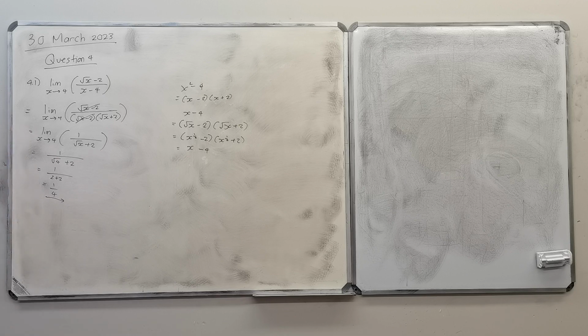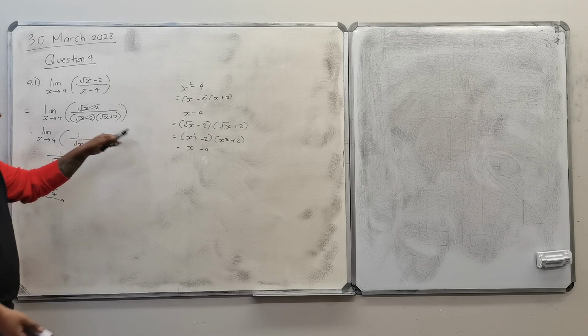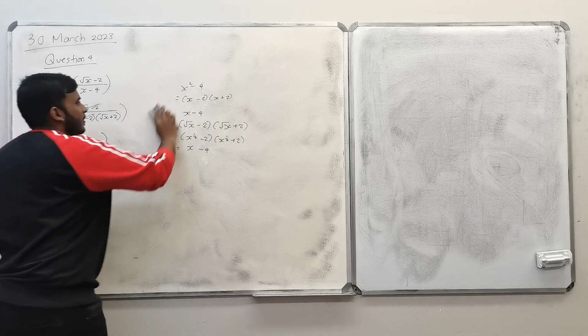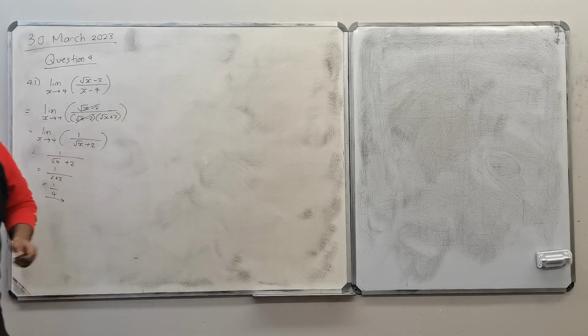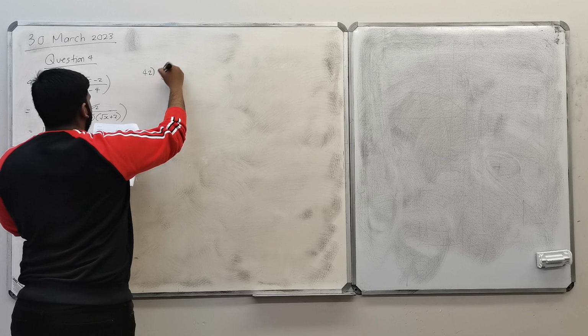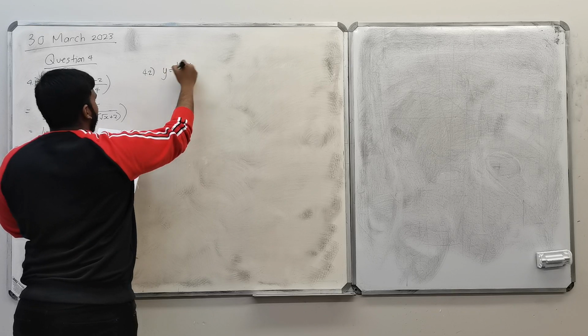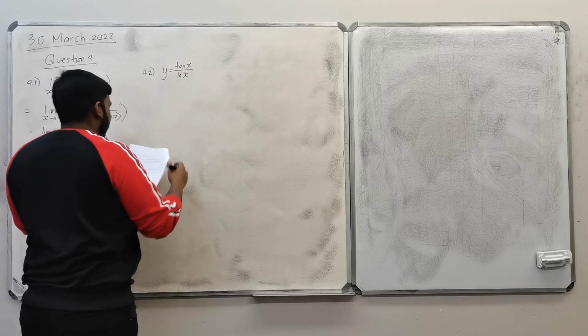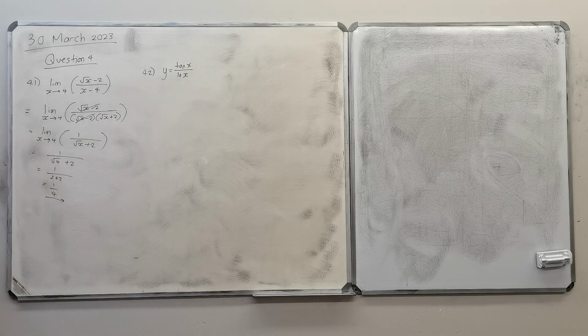Let me do question 4.2. Differentiate with respect to x, y is equal to tan x over ln of x, with the aid of the quotient rule.